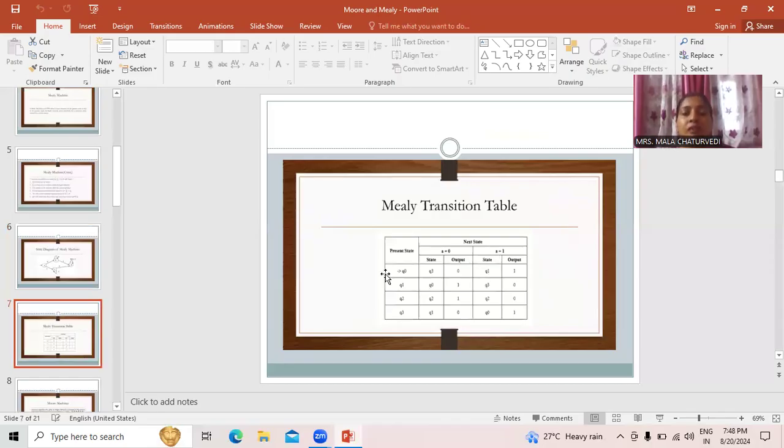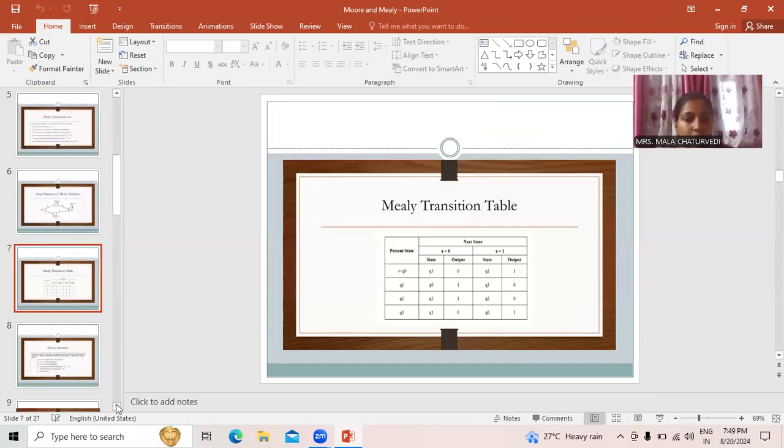Here we see the Mealy machine transition table, which is divided into two parts, the present state and the next state. And if we map the output function, Q cross sigma gives delta. Let's see the Q naught state takes input alphabet 0 and gives an output, and input alphabet 1 gives the next state and the output, which is shown in the Mealy machine table.